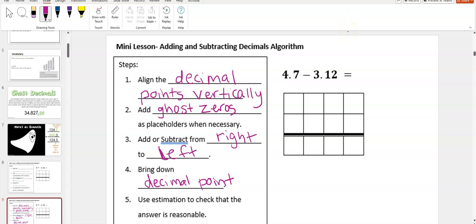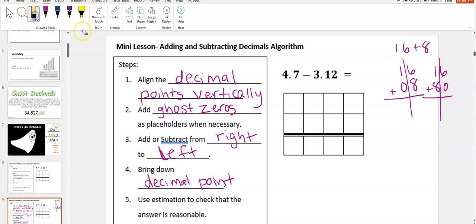For example, if my problem was 16 plus 8, I'm going to line up the 16 and the 8 so that the 1's place value and the 10's place values are lined up together. It would not make sense to add it like this because then it looks like I have 8 10's and 0 1's.